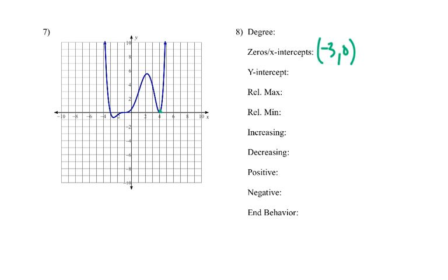Notice how this one still crosses, but see how it flattens out more? So at negative 1, 0, that would be like a multiplicity of 3. Okay? And then at 4, 0, we have one that touches, so a multiplicity of 2. So if I add these multiplicities together, 2 and 3 is 5, and 1 is 6, tells me I've got a 6th degree polynomial. Okay?